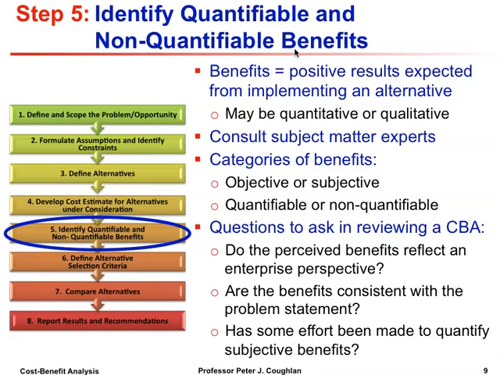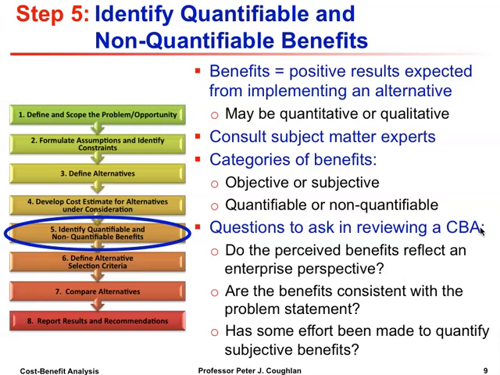They could be objective or subjective, right? And we did give you some suggestions such as consult subject matter experts to figure out what the benefits might be. Presumably, the benefits should solve the problem that you're trying to analyze. But there also might be other benefits, and subject matter experts might help you identify what those benefits might be.